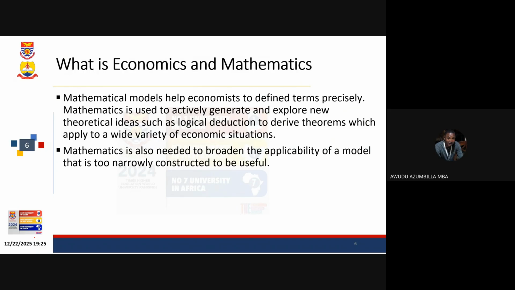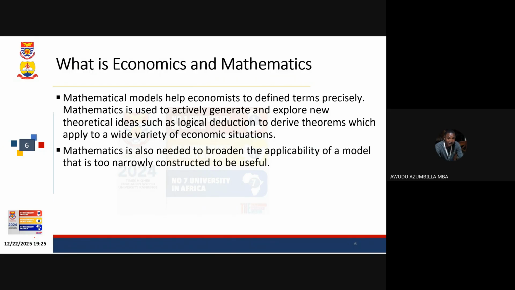And at the end, we'll be able to put it in a simple form to deduce the meaning of the complex theory that we are looking at. So it helps us as economists to define terms concisely and in a manageable way so that we can use it to make economic interpretation in whatever economic situation we find ourselves.